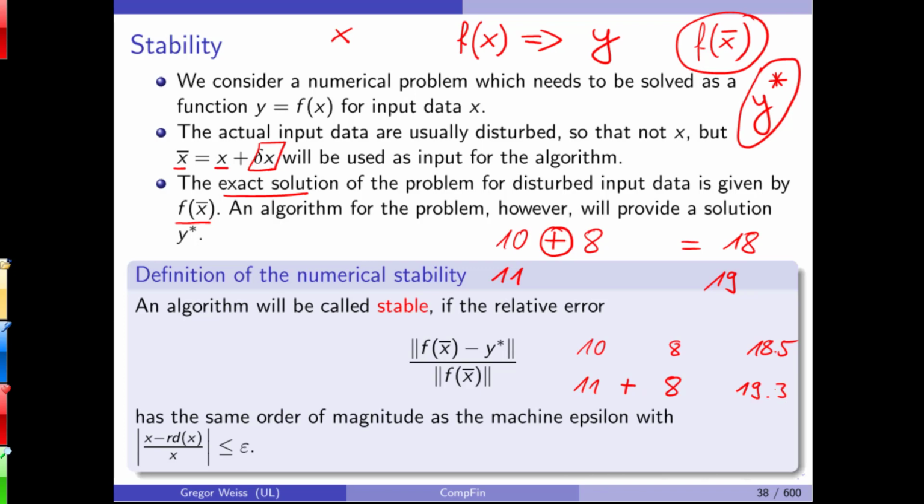I will have 1 error in the input data and an additional error that is added by a false algorithm, or by an algorithm that is slightly off. And let's start with stability of a problem. Now let me just erase all this here.